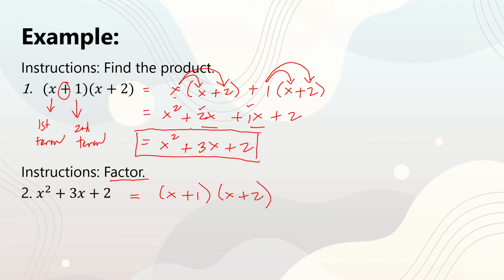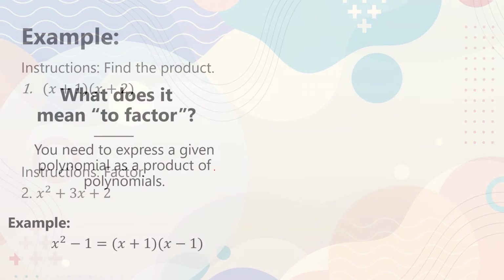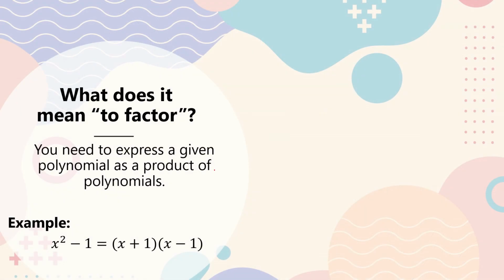So notice that the given a while ago, in which the answer is x squared plus 3x plus 2, is just the reverse of what we're doing here now in number 2. So that's why finding the product and finding the factor of a polynomial are the reverse of each other. This leads us to the conclusion on what it means to factor.